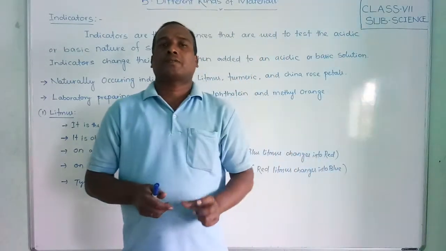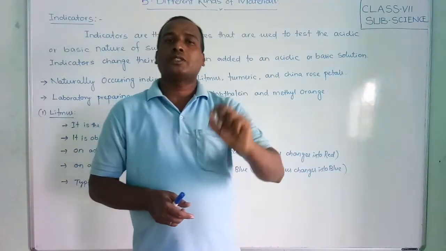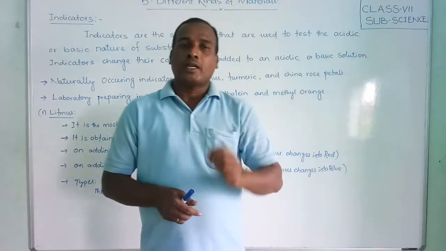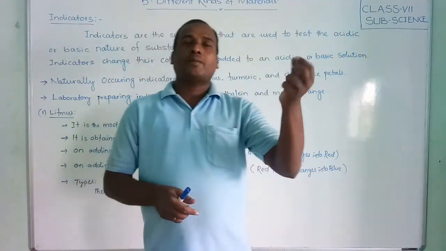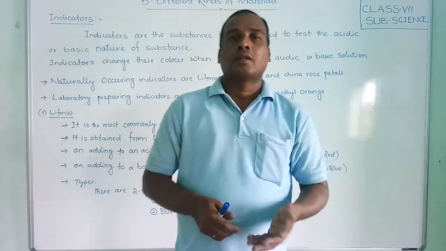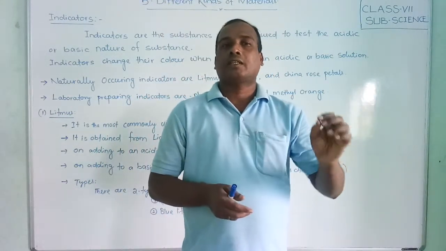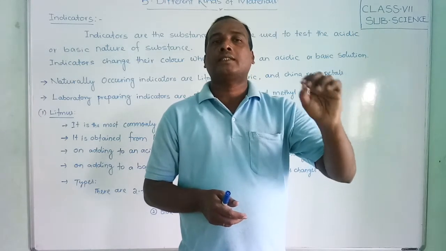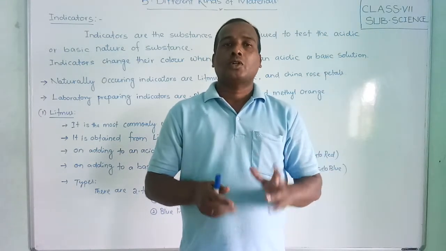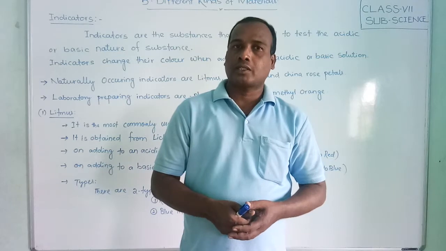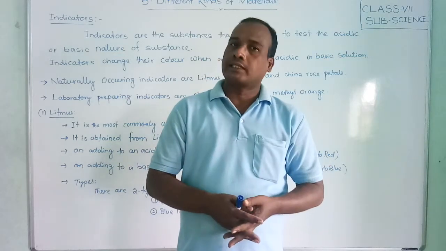To detect that, we are using indicators. If that red light is on, it means current is there. So to get that information about the current, we are using these indicators.